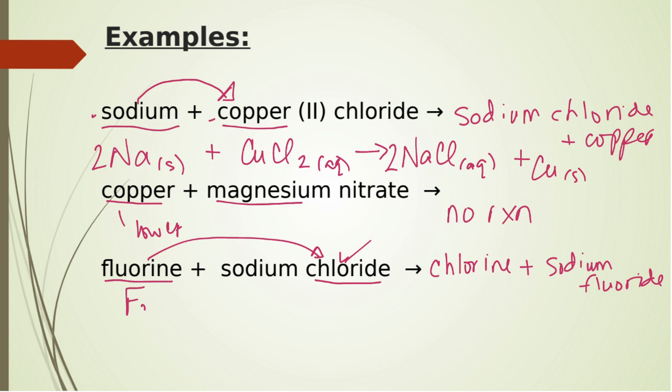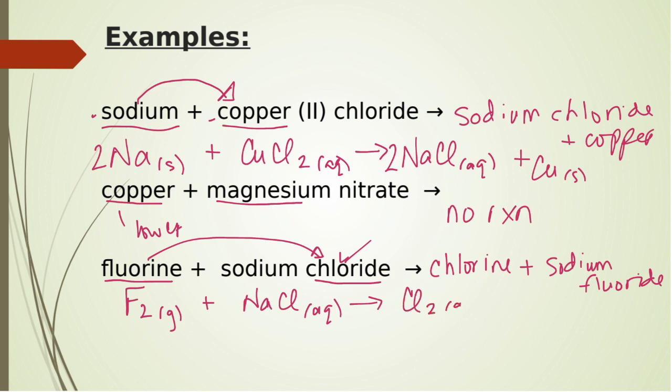Remember that fluorine is a diatomic. It is also a gas. We're going to react this with sodium chloride. Both of those have charges of 1. And remember what I said, if these reactions occur, any compound is going to be aqueous in state. So we'll just write that in. Then we're going to get chlorine being formed.